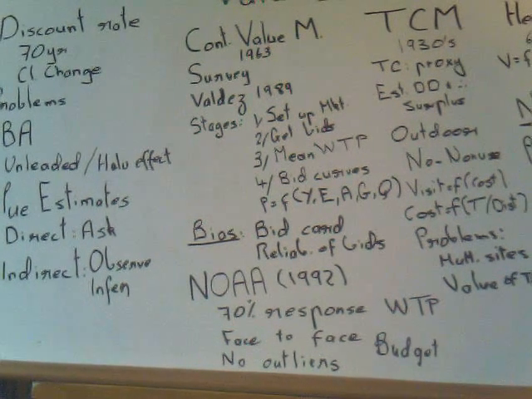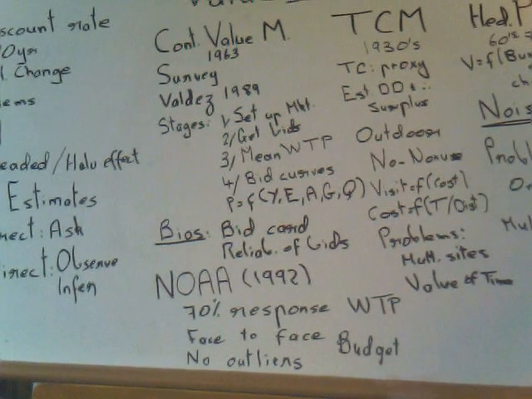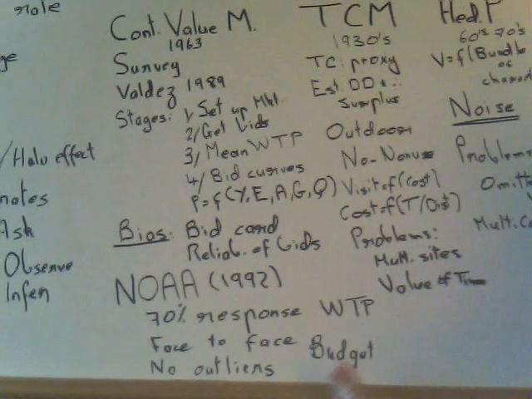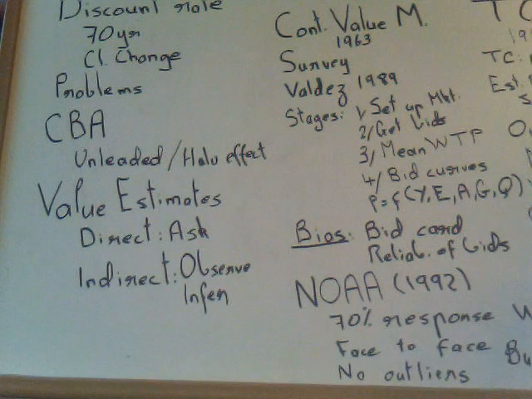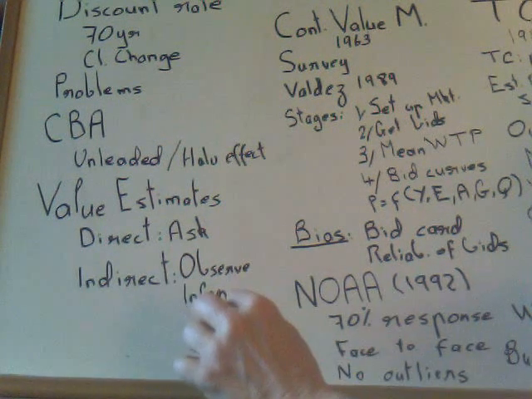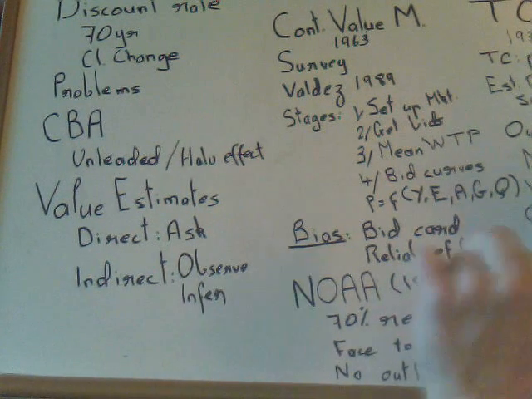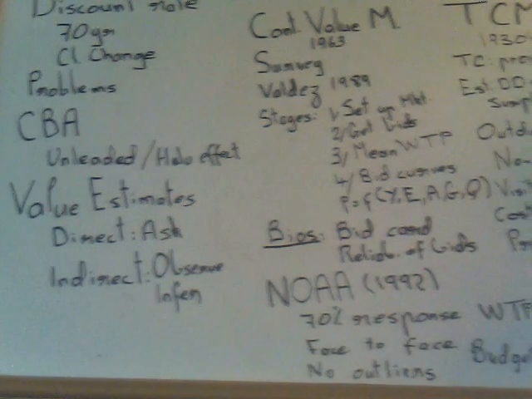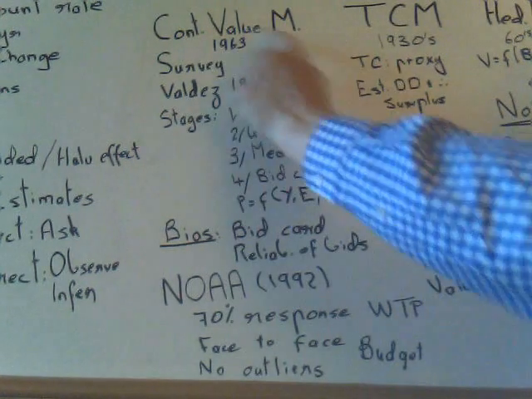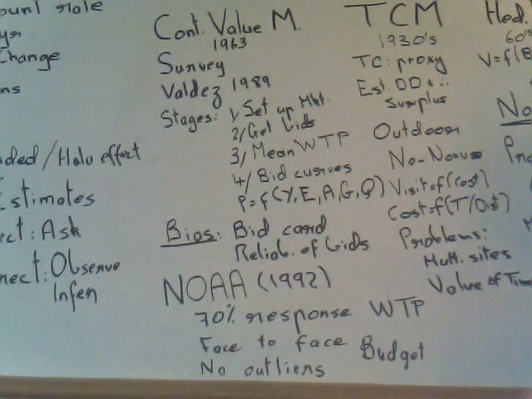So what is it that we're really talking about over here? We're going to go back to the idea of direct vis-a-vis indirect. The direct is when you ask. There is only one of the popular methods that falls under that, and that is the CVM, contingent value methodology.